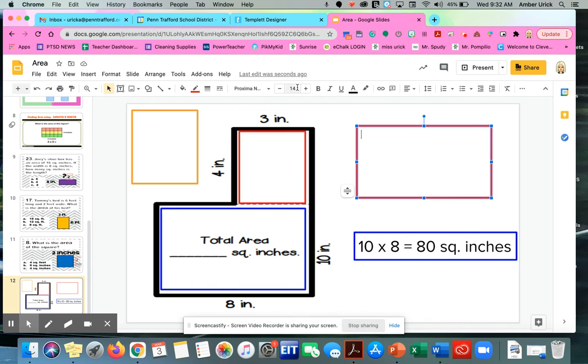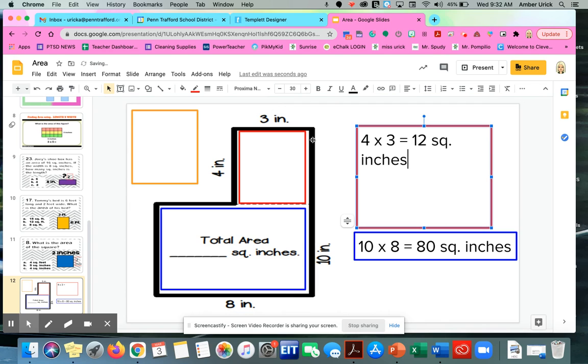So what would my formula be up here? Let's use 4 times 3. And what is 4 times 3? 4, 8, 12. So up here we would have 12 square inches.